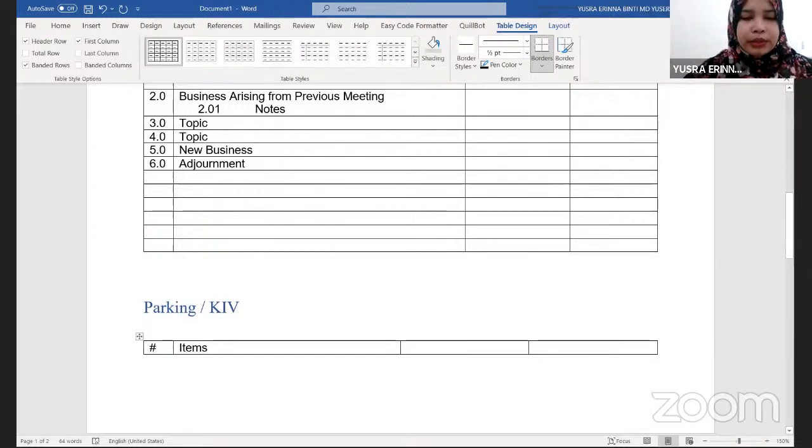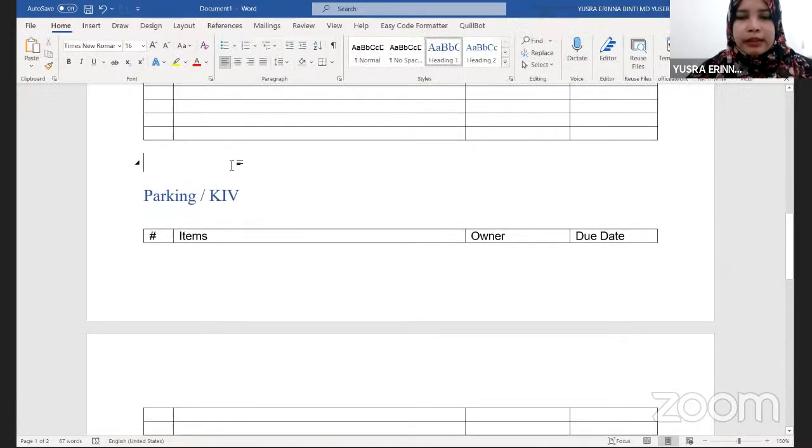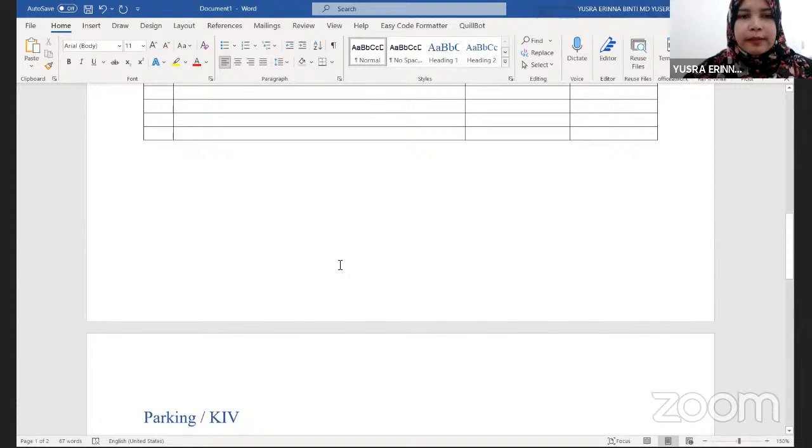Items, owner: who said it, and when. Due date: when is it going to be? Maybe that person is suggesting a new program for the month of October, for example. Let me put it down so that you can see it.